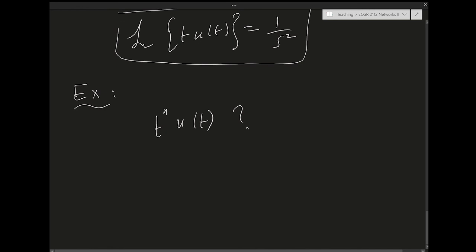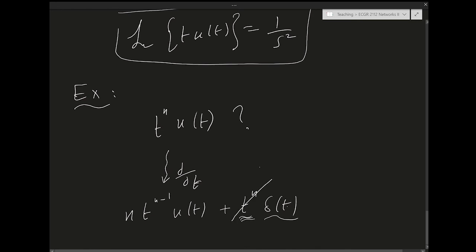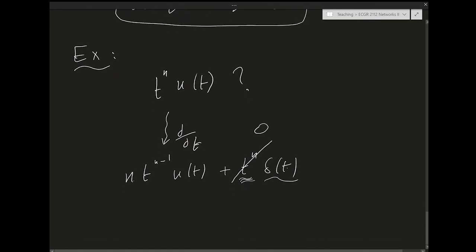If we differentiate this once, what happens? We end up with n t to the n minus 1 u of t, plus t to the n delta t. Again, using the shifting property, the value of this function only matters at t equals 0, which goes to 0. So this would be the result.